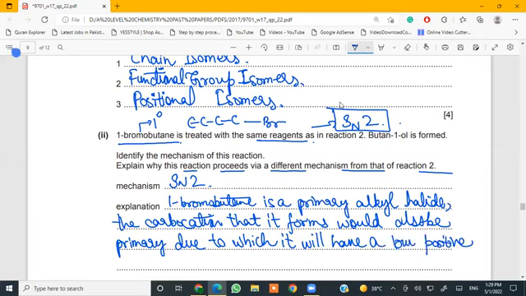Positive inductive effect is the key term, and you have to actually write down this point whenever you are explaining the carbocation stabilities concept, okay? Because this is the key term which almost always has marks, okay?